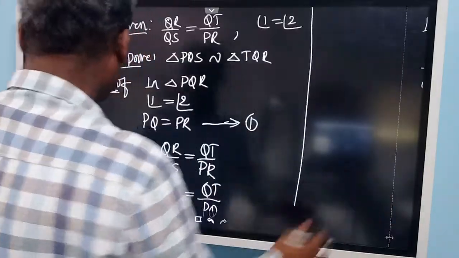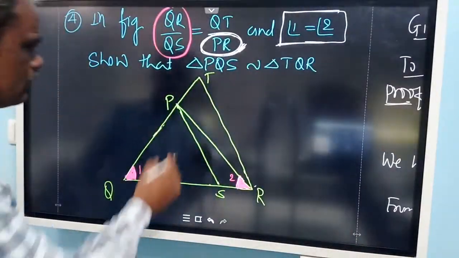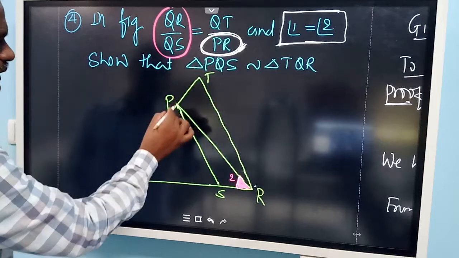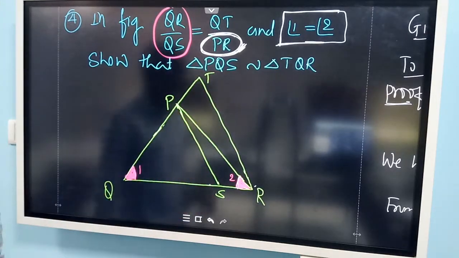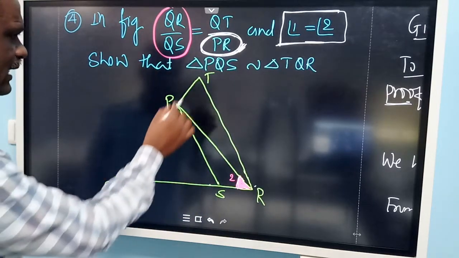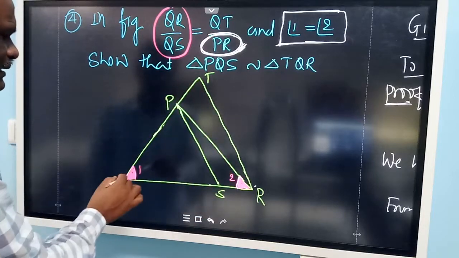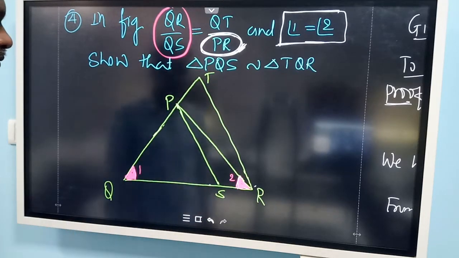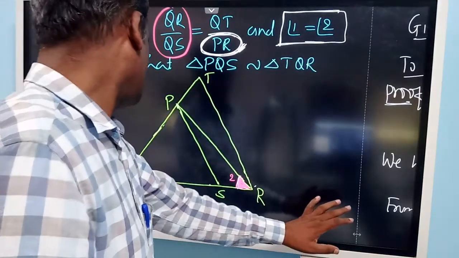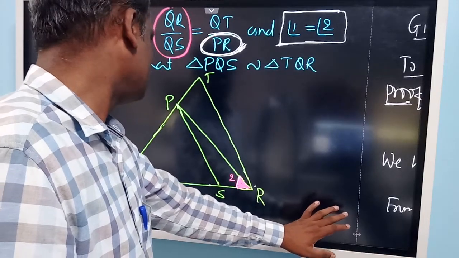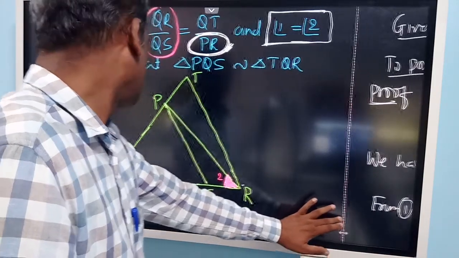Another angle, look at this. In this triangle and in this triangle, an angle is common. Identify the angle which is common in both the triangles. Angle Q. So I can write angle PQS is equal to angle TQR.